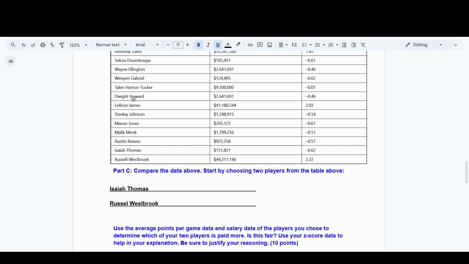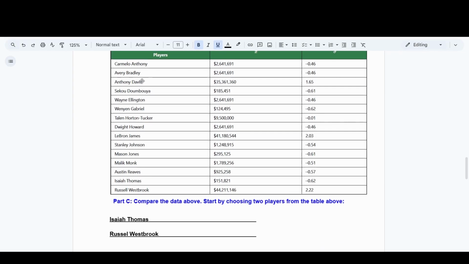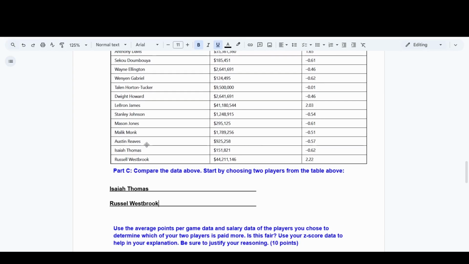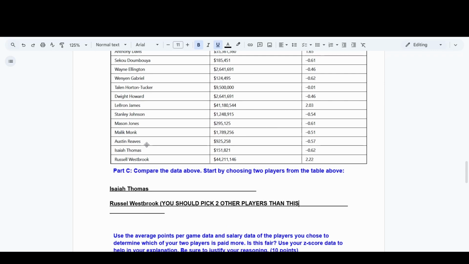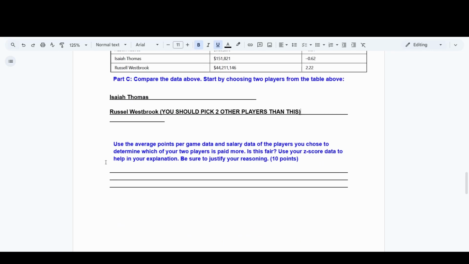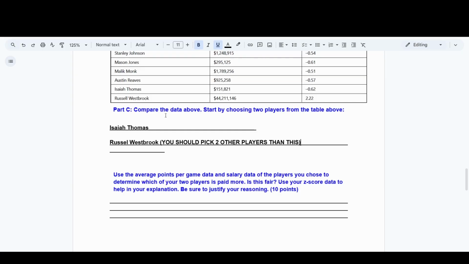But you should not pick these 2. You should pick 2 other players. That way we won't all have the same answer.